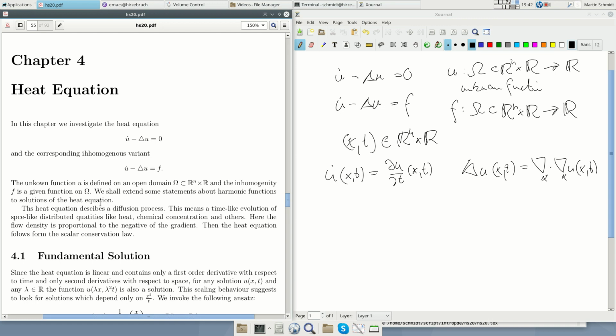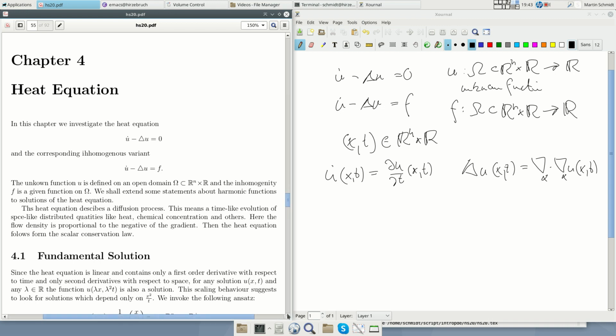We already saw this. In the characterization I already introduced this, and I explained the name comes from the diffusion, which levels inhomogeneities of temperature or chemical concentration or others.